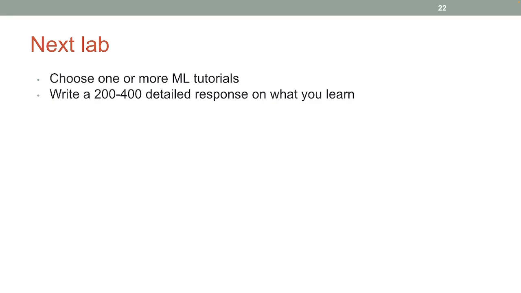And so just work through a Colab tutorial and understand what's going on, inspect the output, and then I'm asking you to write a bit more than I have asked you to write in the past, in order to motivate you or force you to make sure you understand what's going on with the machine learning tutorials that you choose. Okay, so we'll see you next time.